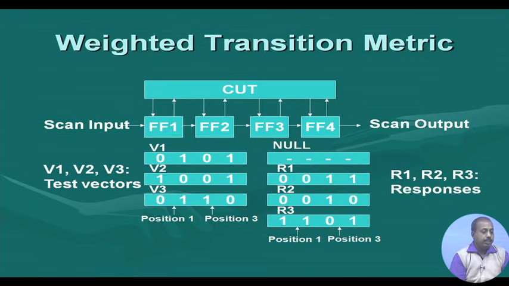Accordingly we can define something called position of transition. Between any two bits we call it a position. So, this is position 1, this is position 2, this is position 3. For the first vector V1 we have transitions at position 1, position 2 and position 3, all the 3 positions.